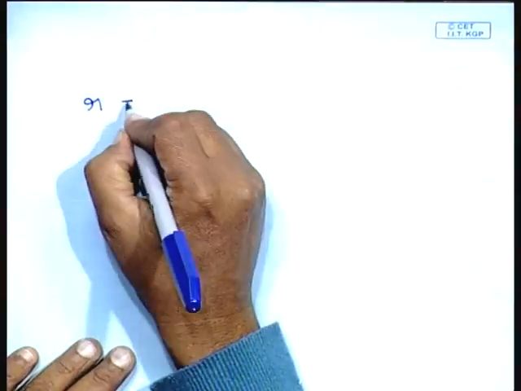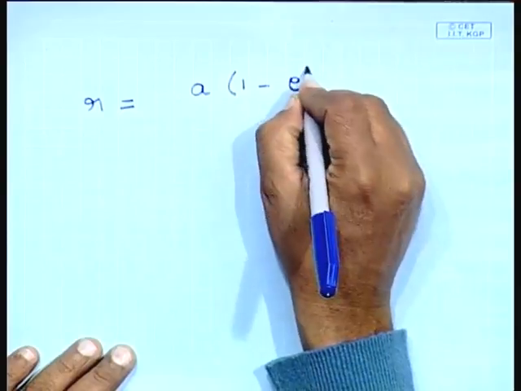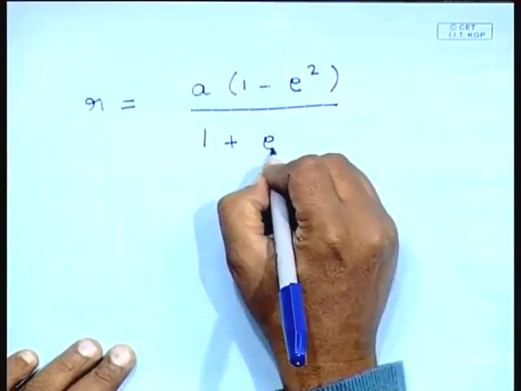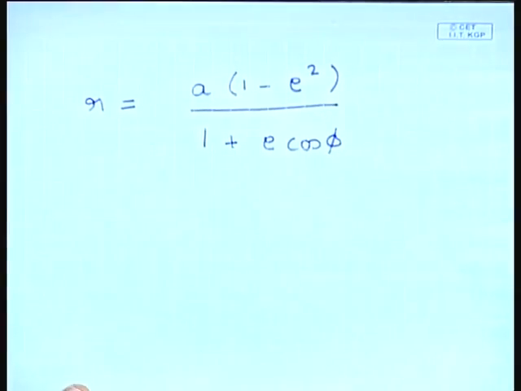So, the equation of an ellipse, let me remind you, is this, where there are 2 parameters, the semi major axis and the eccentricity.